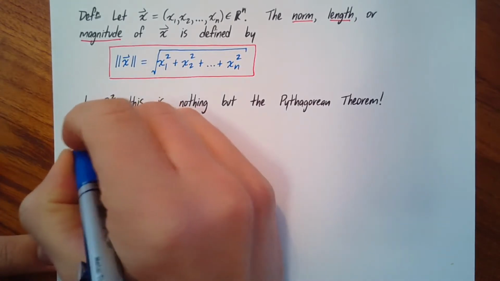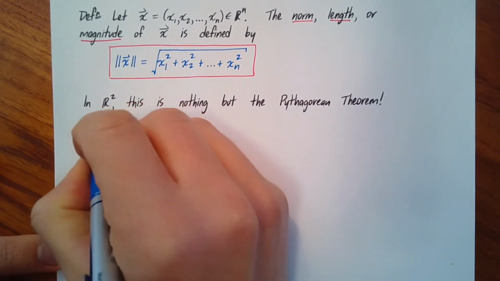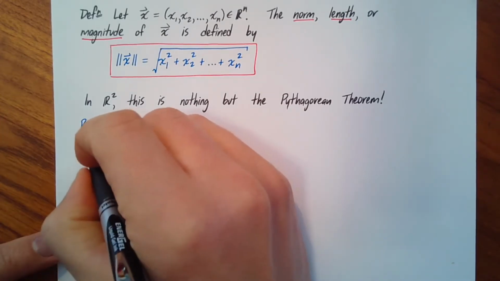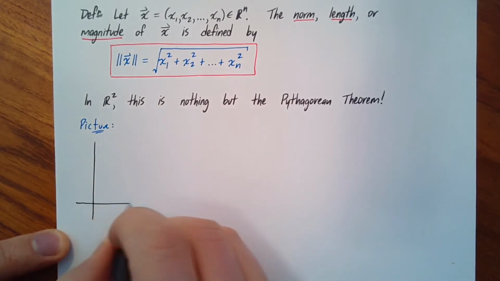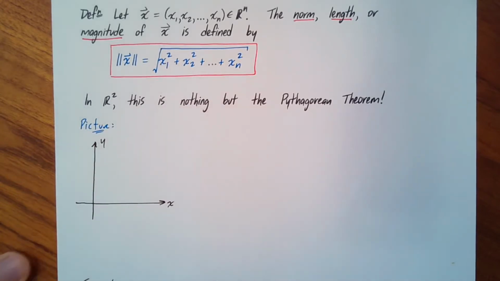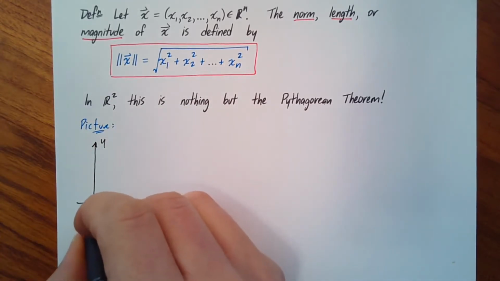Here's the picture of what's going on. Let's say we had a vector in R2. So let's draw the Cartesian plane here. And I'm going to draw the vector in a specific way so that its initial point is at the origin. So this is going to be its initial point.